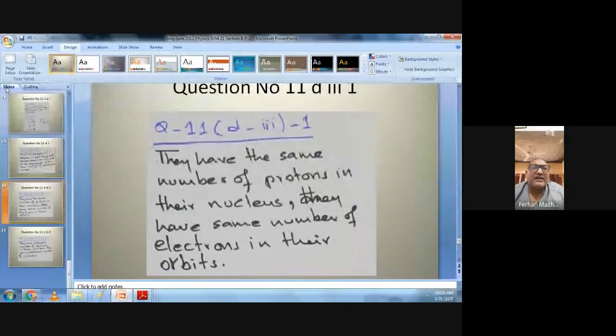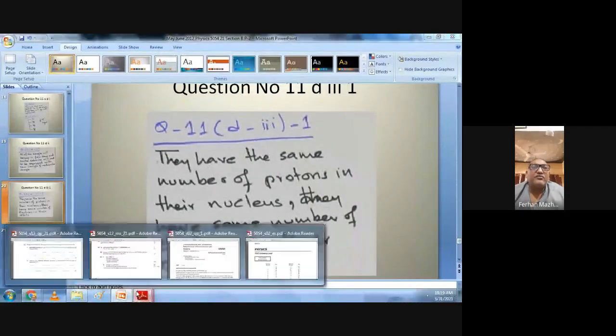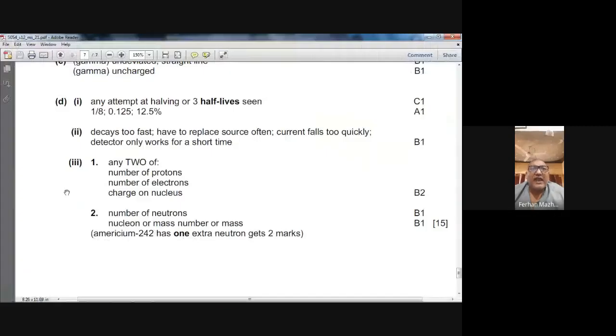Let me check the marking scheme. It's a 2-mark question, you see. Any two of: number of protons, number of electrons, charge on the nucleus. You understand this? Yes, sir. Okay.